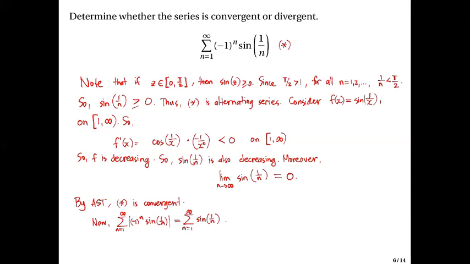And how do we compute the limit of this? We can use limit comparison test. For this, we compare with the series 1 over n, from 1 up to plus infinity.